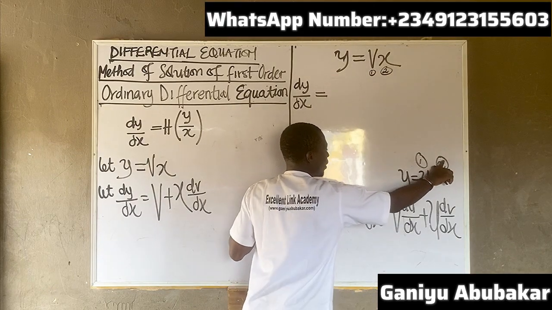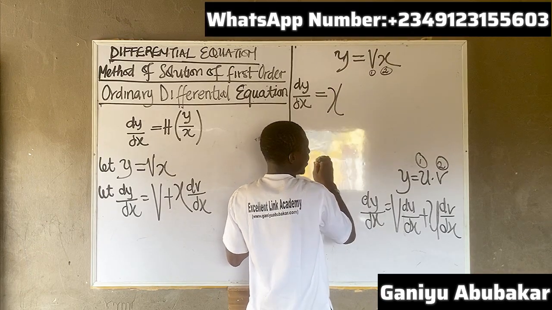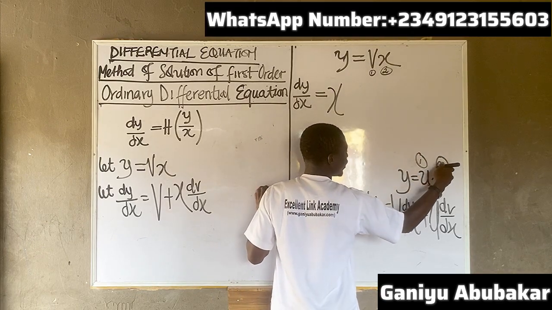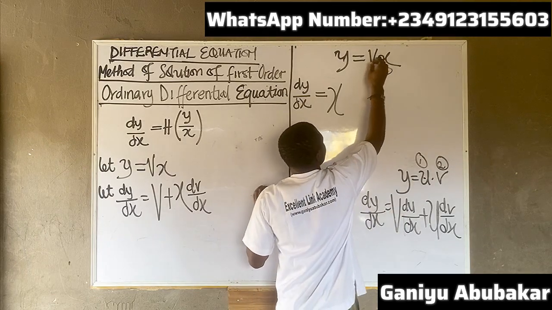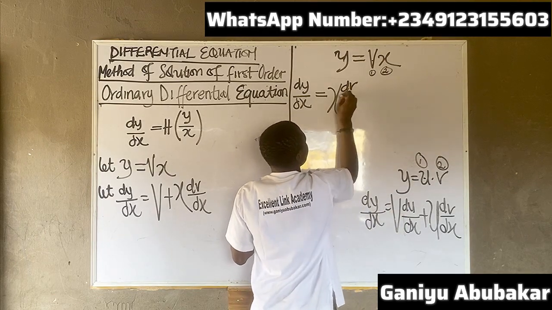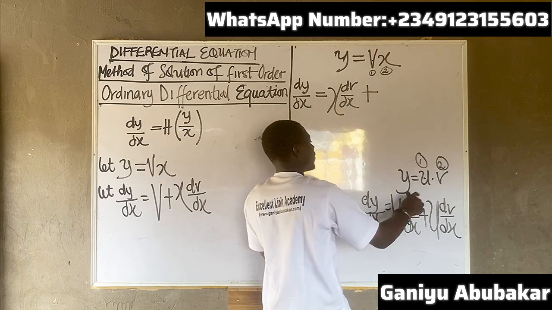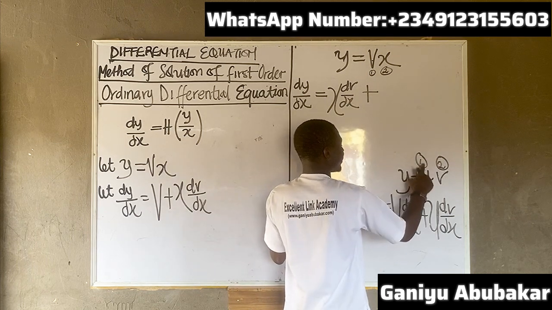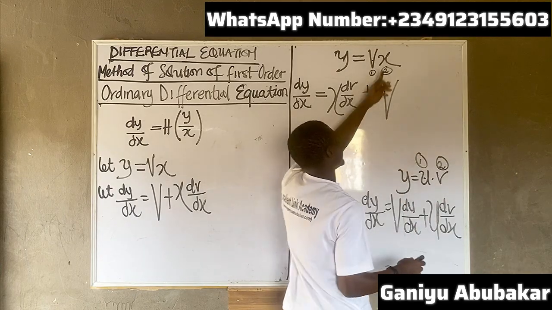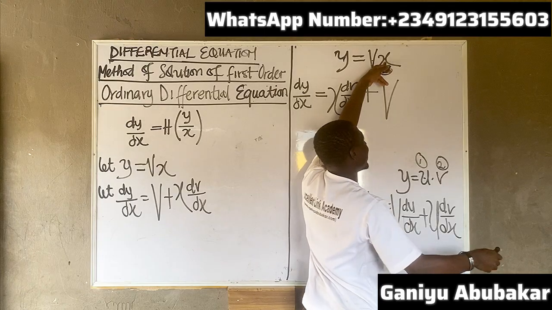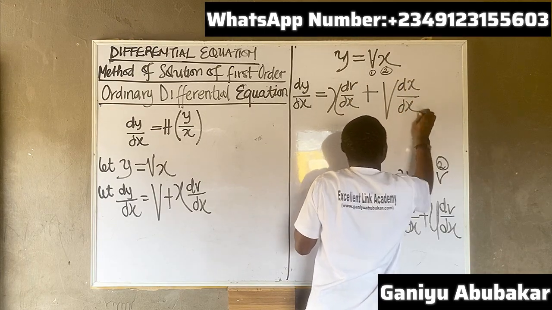Keep the second term constant and differentiate the first term. Differentiate this one, so I'll have dv over dx, plus, keeping the second term, the first term is v. Differentiate x with respect to x, that gives you dx over dx.